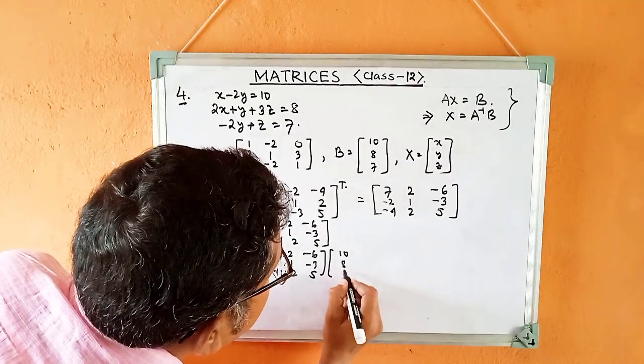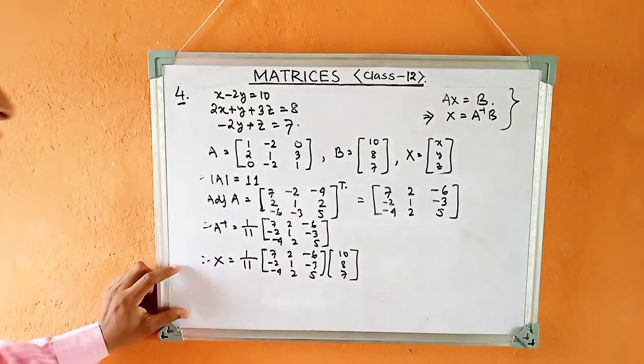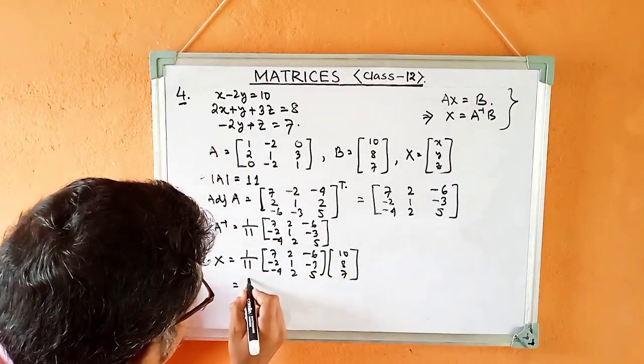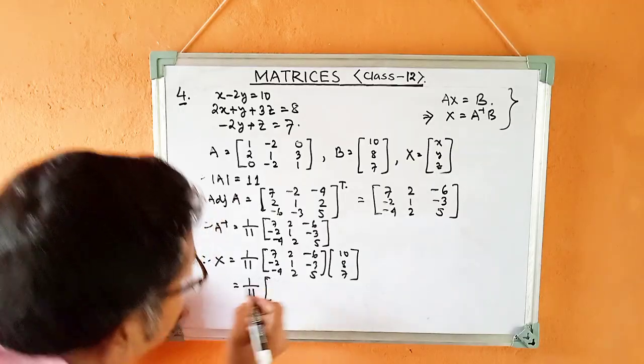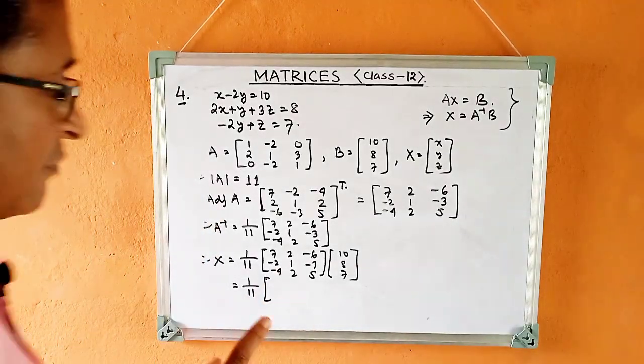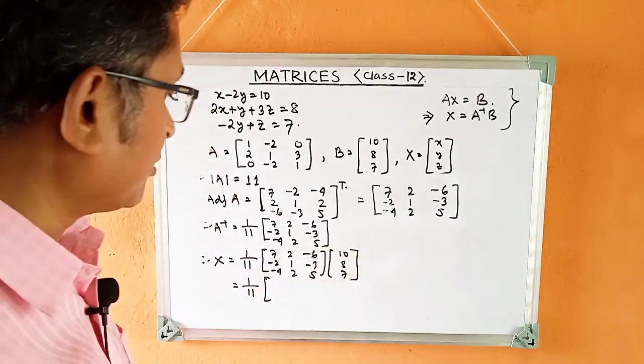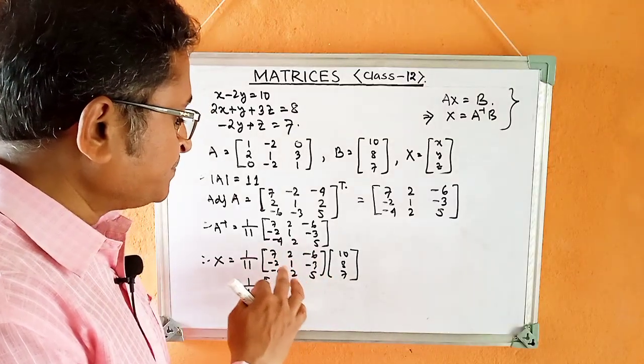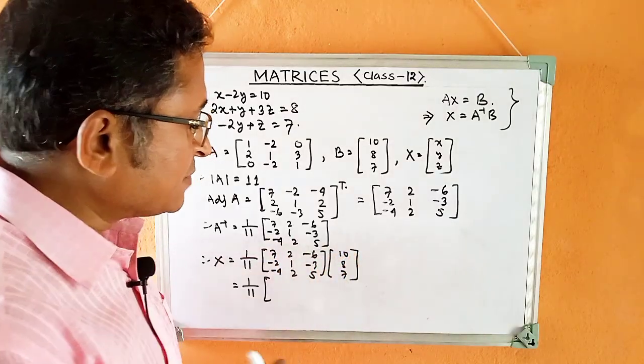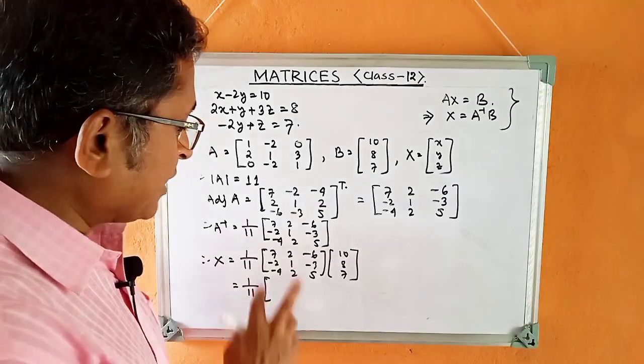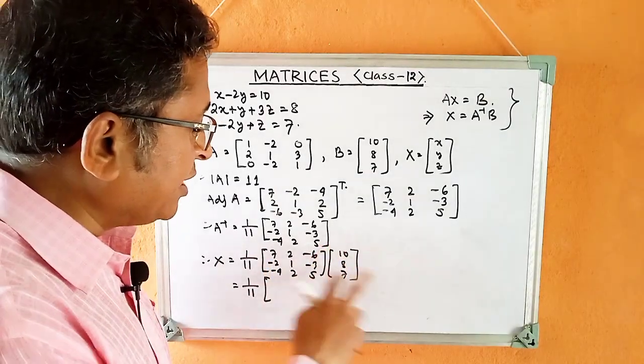So we multiply this, 1 by 11 remains the same. Now do the product. First check whether this product is possible or not. Order of this matrix is 3 into 3 and order of this matrix is 3 into 1. Here there are 3 rows, 3 columns. Here 3 rows but 1 column.